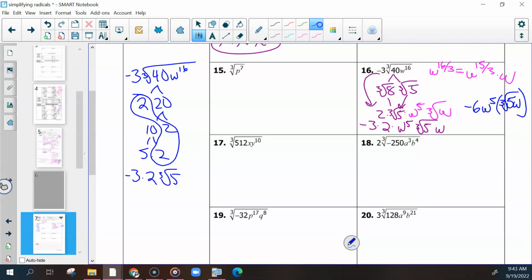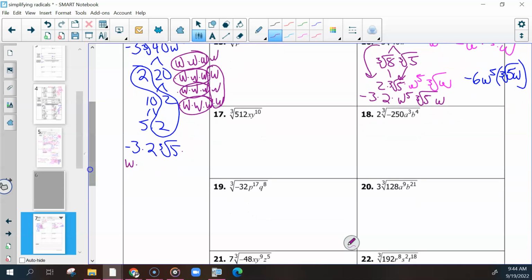Then for 16, we have 16 w's. And we're looking for groups of 3. So we have 1, 2, 3, 4, 5, with 1 left over. So if you're writing them all out, 1, 2, 3, 4, 5, with 1 left over.